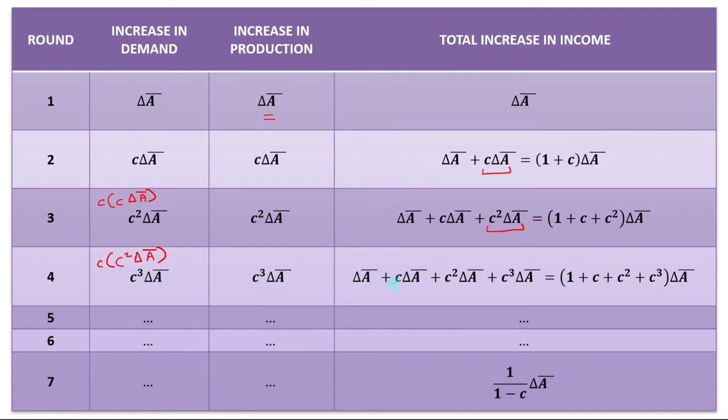All these four rounds: change in A bar plus MPC change in A bar plus MPC square change in A bar plus MPC cube change in A bar. This is the increase in income in the first round, second round, third round, and fourth round, and the total is this term.